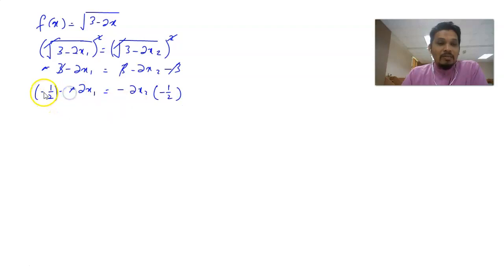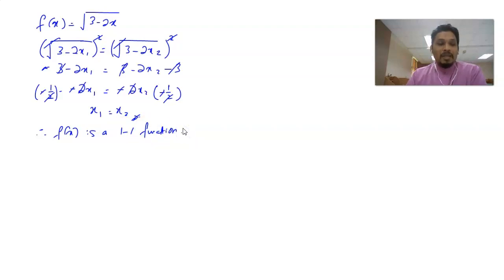Negative times negative is positive, and 2 divided by 2 equals 1. So x1 equals x2. So f(x) is a one-to-one function.